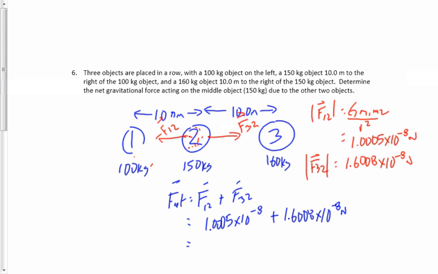Add them up, 2.6 times 10 to the minus 8. Oh boy, that's wrong. What's wrong? Yeah, let's make F12 a negative value because it's to the left. If you want to make the other one negative, that's okay, but usually the one to the left is negative. So do the math there. We got 6.00 times 10 to the minus 9 newtons.